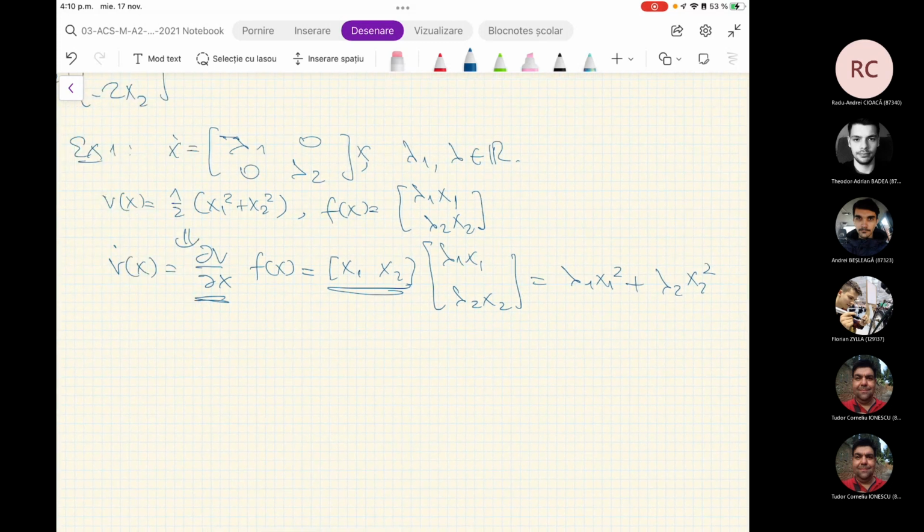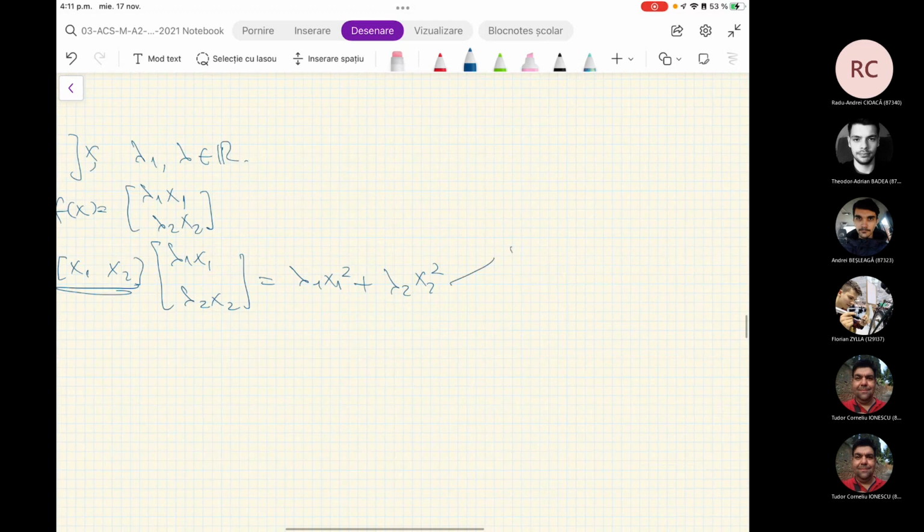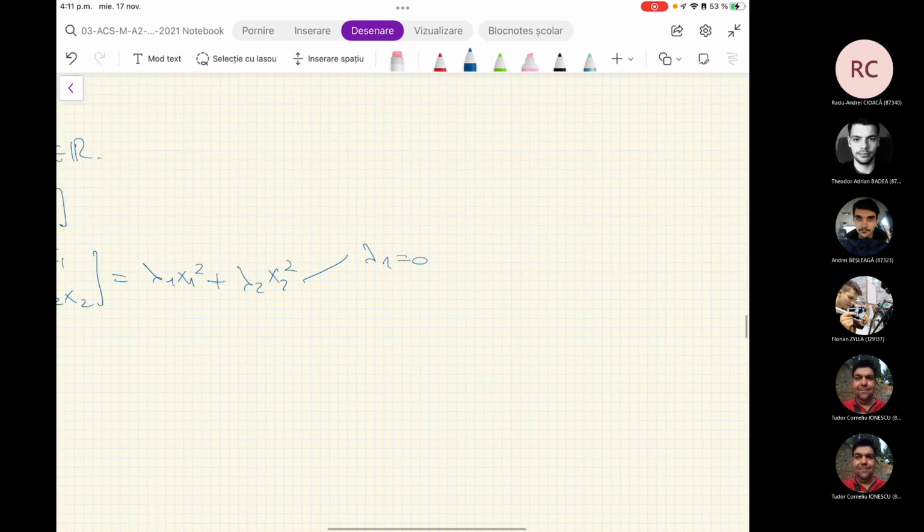It's very interesting because we know some things for linear systems. For instance, if one of the eigenvalues is 0, say lambda 1 is 0, you still have V dot x is lambda 1, lambda 2, x2.